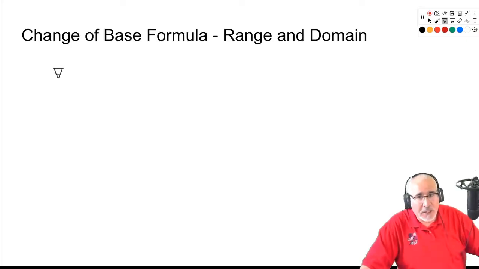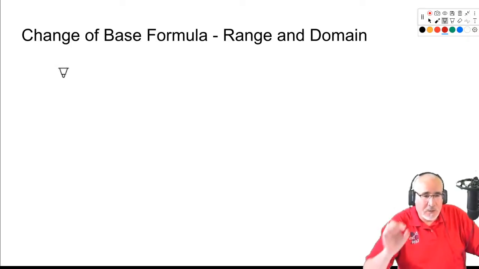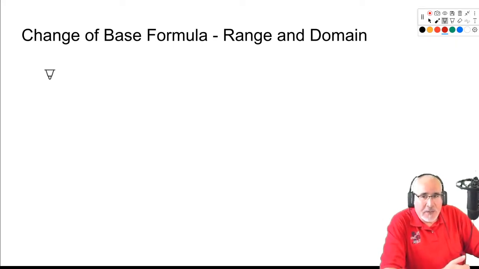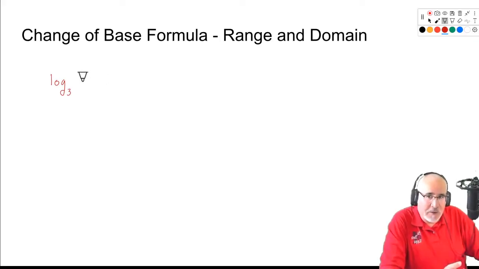Change of base formula. You'll see on your calculator you really only have 2 bases: the common base, log base 10, and the ln, log base e. So if you have any other logarithm, there's a way to find it. There's a change of base actually on the TI-84, but if you have an older one you might not have access to it.